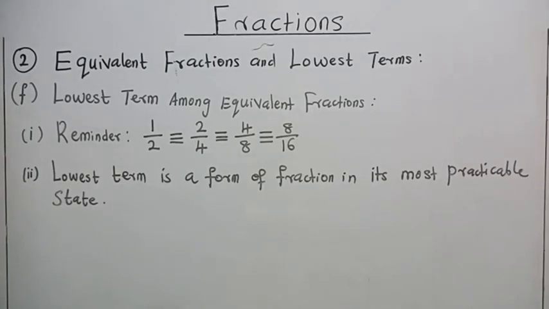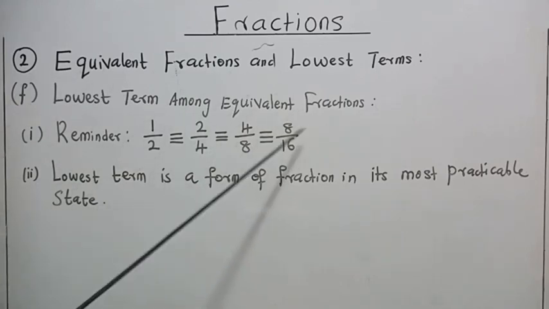And here comes the definition of lowest term. It says, lowest term is a form of a fraction in its most practicable state. I hope that statement is clear. We recall that this 1/2 is considered to be the lowest term of all these equivalent fractions.